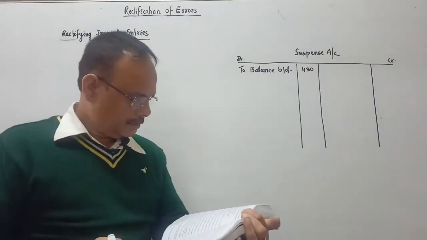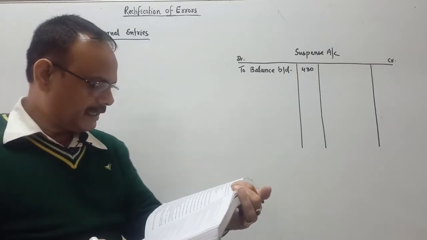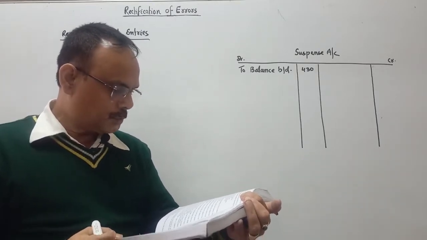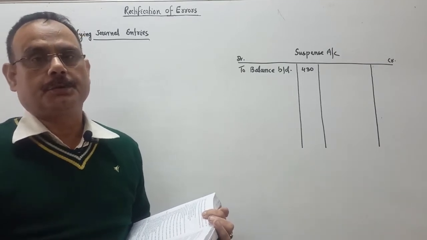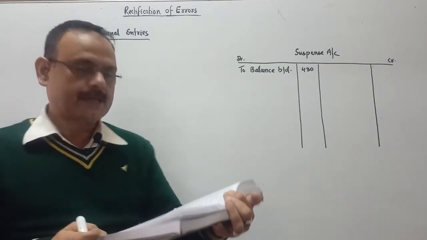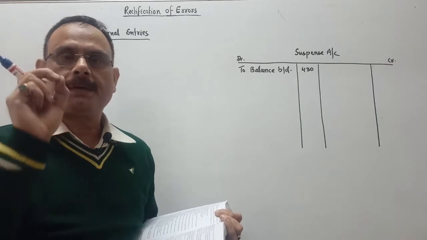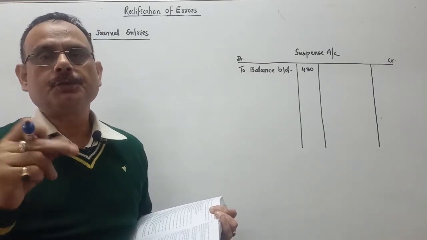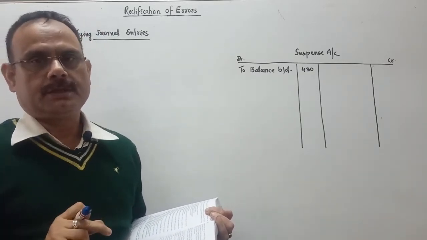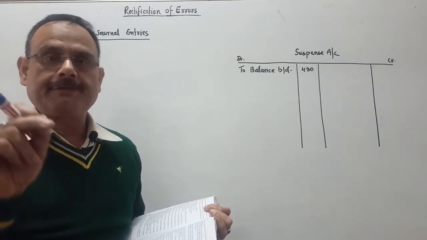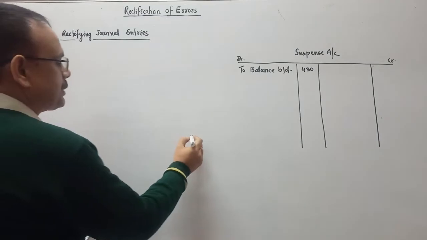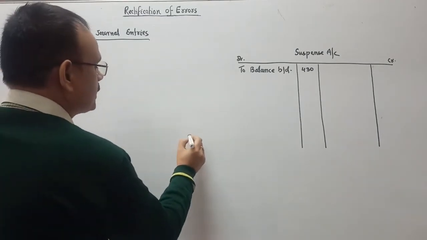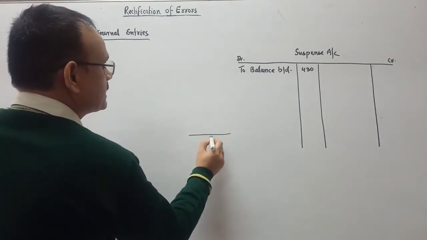Okay, so the first one is purchase book was overcast by rupees 100. You know the total of the purchase book is transferred to which account? Purchase account, debit.